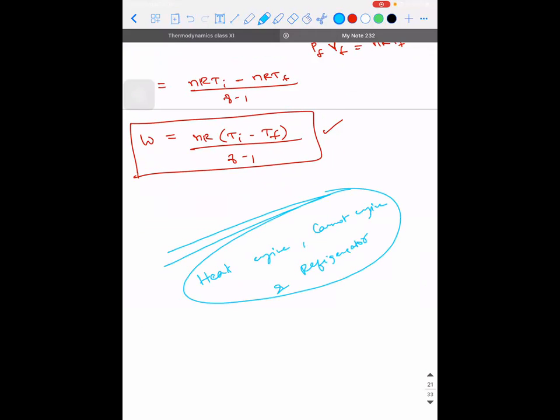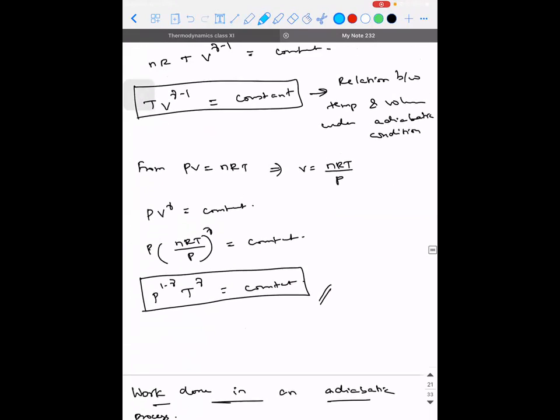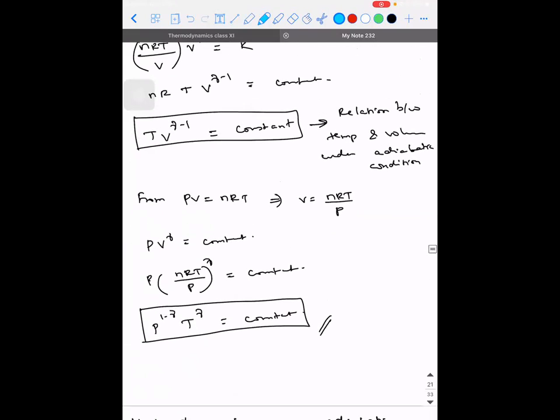So with this, for this year, we are done with the chapter. Is that clear? Is there any doubt till whatever we discussed? No doubt.